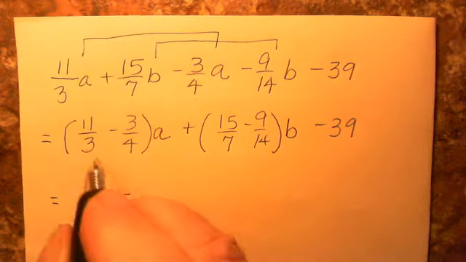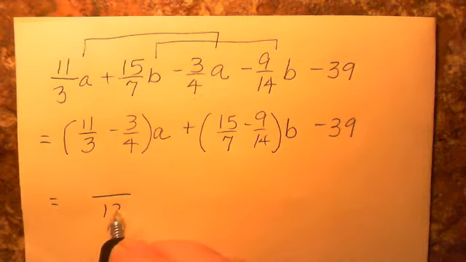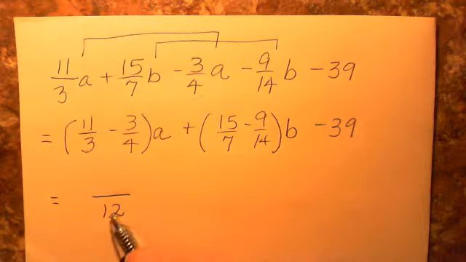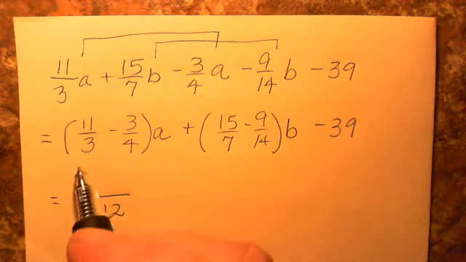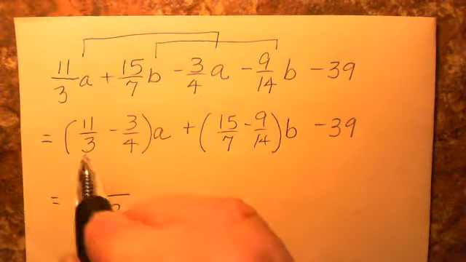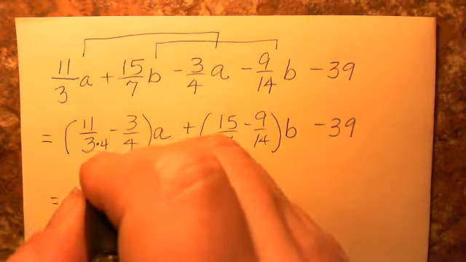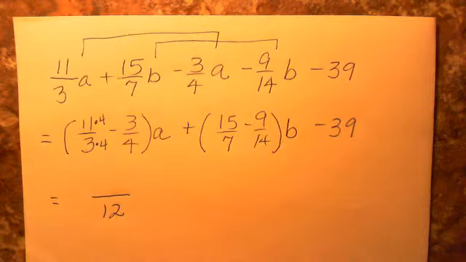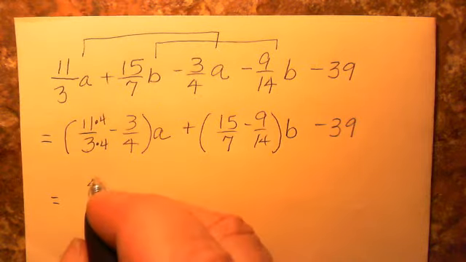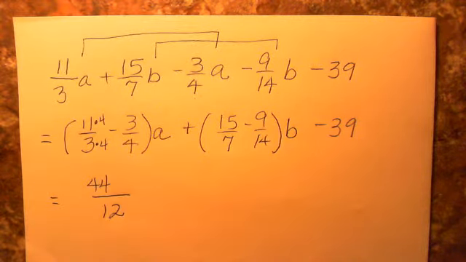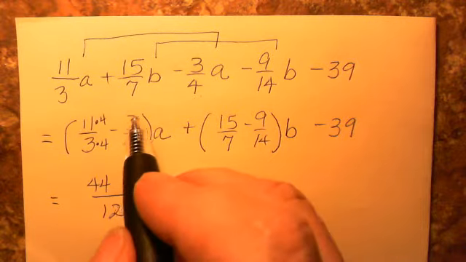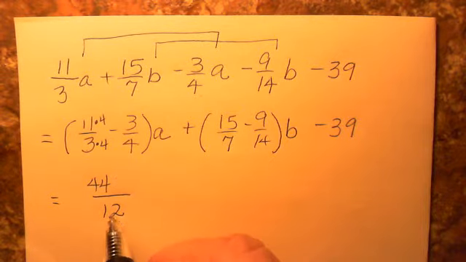So the common denominator for 3 and 4 is 12, we discover. And then we need to remember, how do we get from 3 to 12? It takes times 4, so if we change the denominator, we must change the numerator. 11 times 4 becomes 44. We're going to write this two-part numerator over our common denominator.